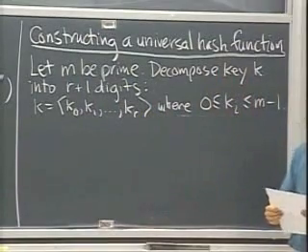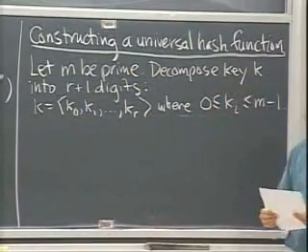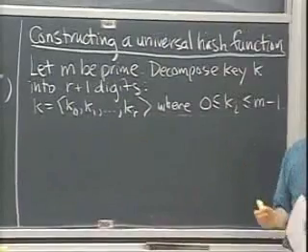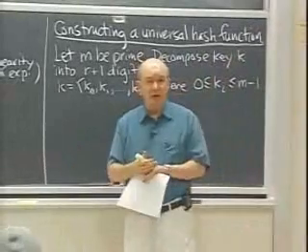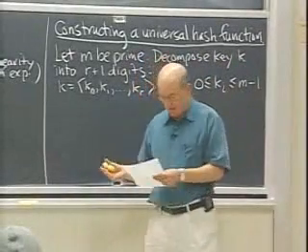And now we invoke our randomized strategy. The randomized strategy is going to have a class of hash functions that depends on random numbers.